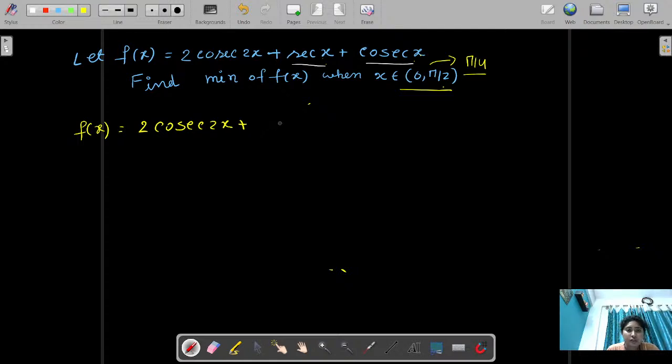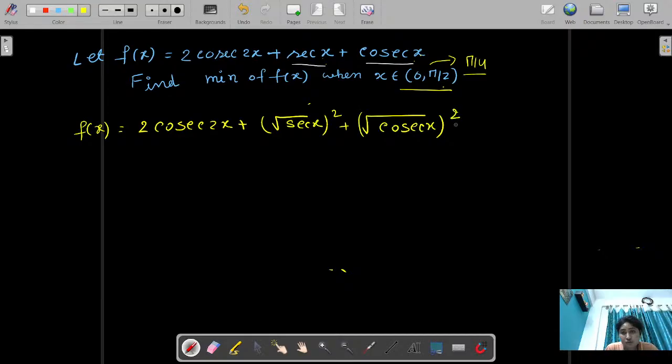Okay, so for sec x, I am writing root under sec x whole square plus root under cosec x whole square.